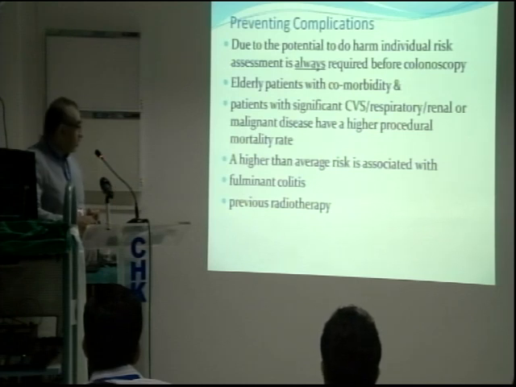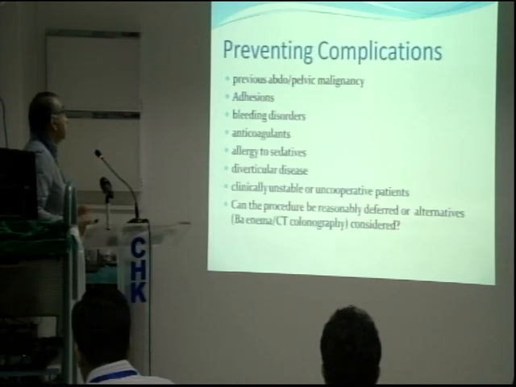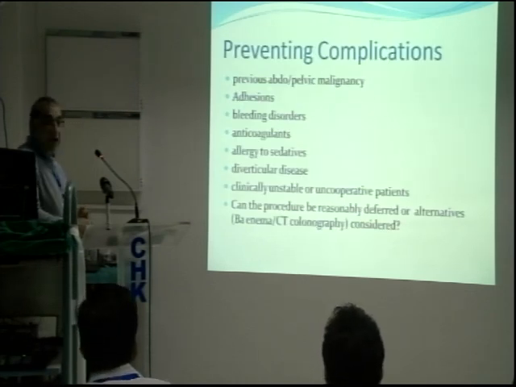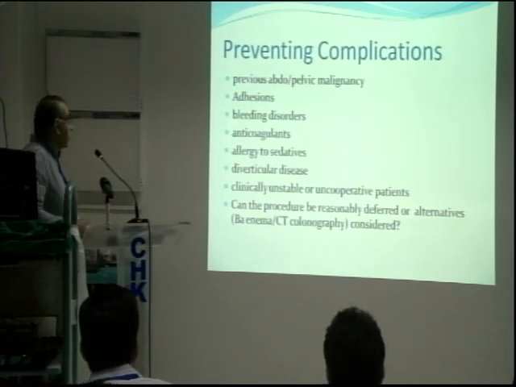I do not do it in patients with fulminant colitis, and I never do it in patients with radiation-associated proctitis because you can cause perforation there, right? Anyone with previous abdominal pelvic malignancy, adhesions, bleeding disorders, they are at risk of complication.